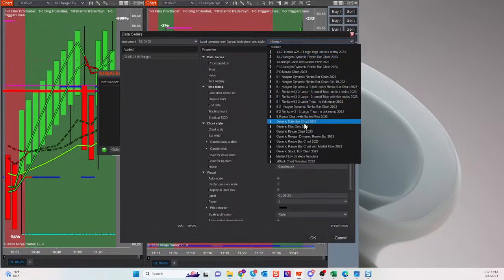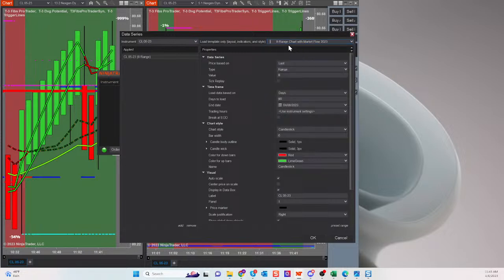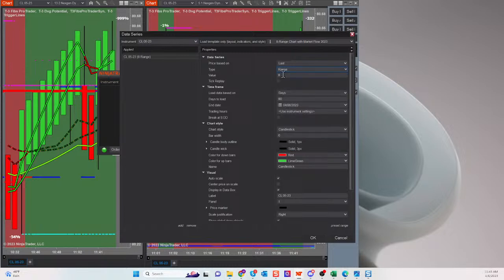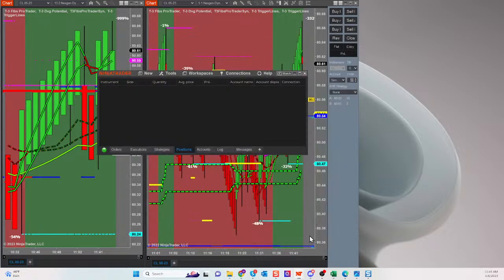I'm going to put in an 8-range template, 8-range chart with market flow. I'm going to make sure that I'm using a range bar. You don't want a Nexgen Renko. You want it to be range. The value is 8, and you have to enable tick replay. You're going to go 5 days back on your range chart. And you're just going to click OK.